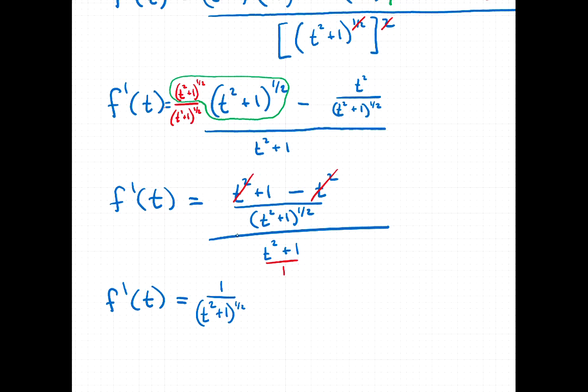And we could change the division to multiplication: stay, change, flip. We can multiply this by 1 over t squared plus 1. So we have a t squared plus 1 to the 1/2 and a t squared plus 1 to the first power. We could add those exponents, and we have 1 over t squared plus 1 to the 3/2 power.